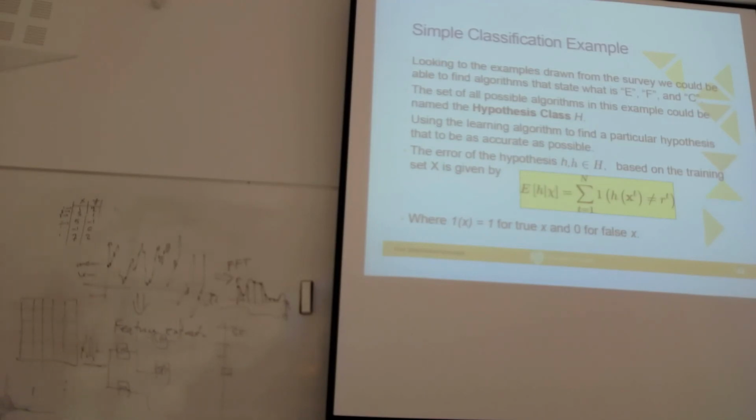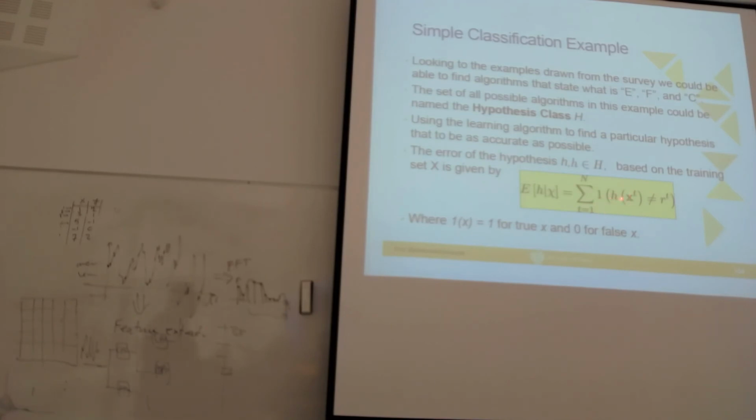Now what we are looking for is the best hypothesis that minimizes this function: the expected value of the hypothesis that we use, based on the learning data that we have. Then we have this summation of 1 when the hypothesis for a certain input didn't give the same response. The 1 here is an indicator function. It gives 1 if the condition is true, and 0 otherwise.